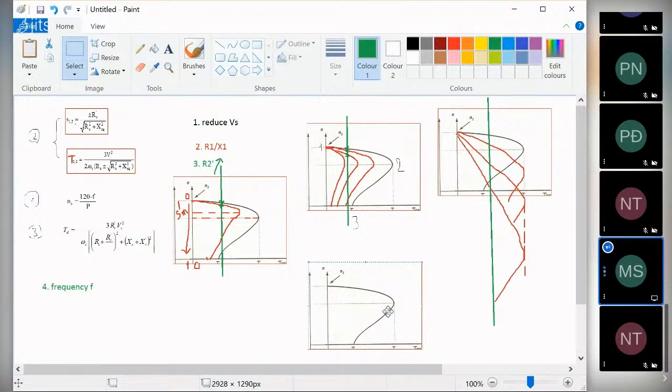Help me to draw out the artificial response in this case. Constant.